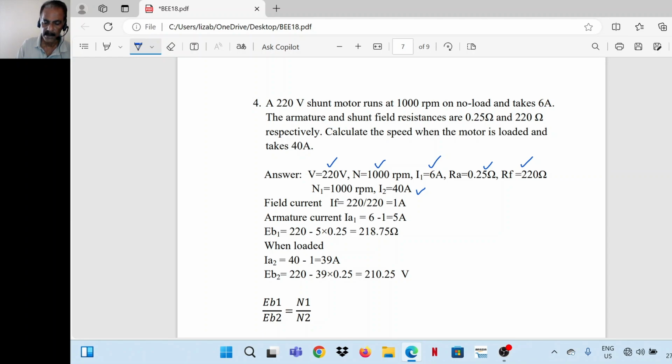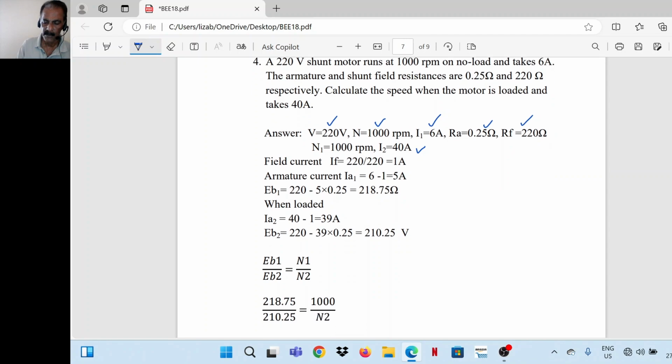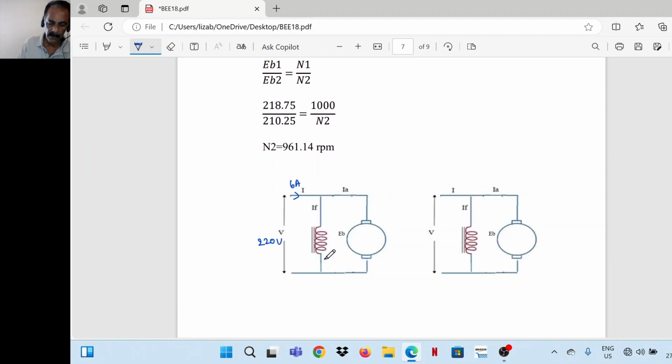So armature and shunt field resistance 220 and 0.25. This is 220 ohm, this is 0.25 ohm. Ra is this, this is Rf. So we can find out the field current. 220 divided by 220, that is 1 ampere. So this is armature current, 6 minus 1 is equal to 5 ampere.